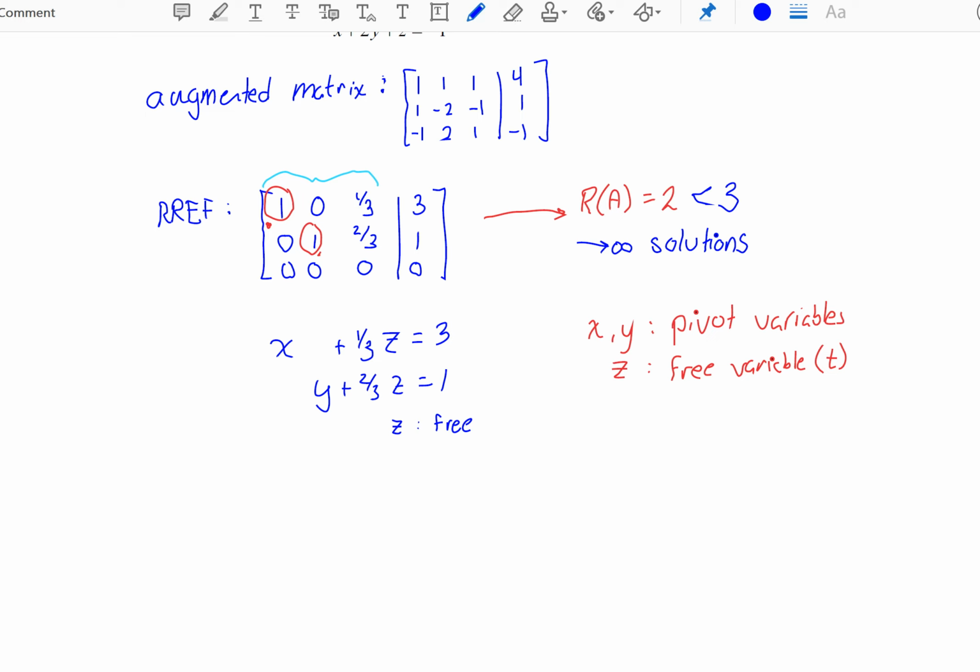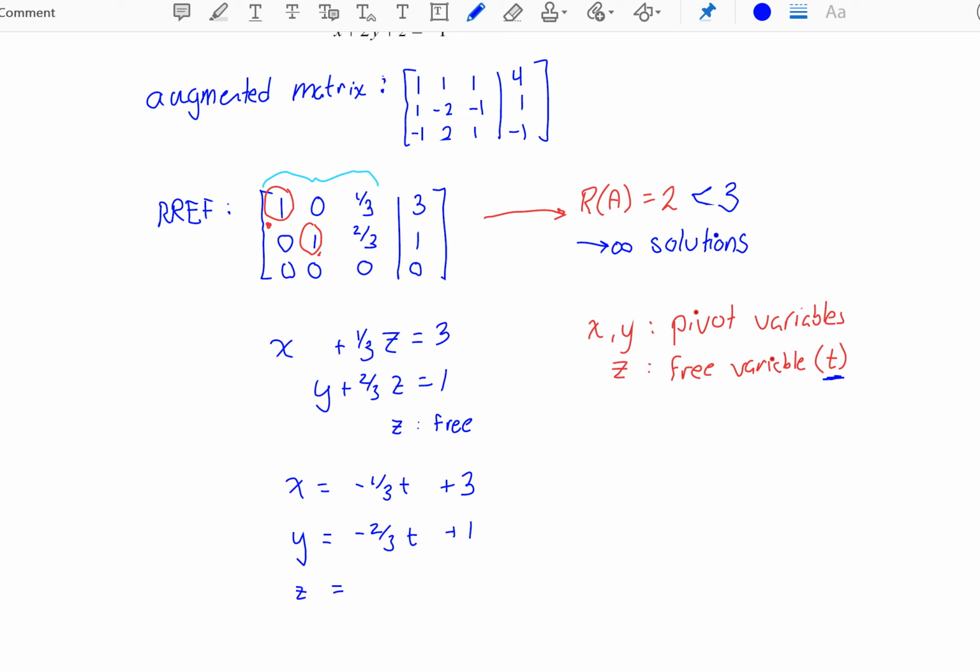So now let's solve for our pivots in terms of our free variable, but replace it with the letter T. So this will give us x equals negative 1/3 T plus 3. Y is equal to negative 2/3 T plus 1.